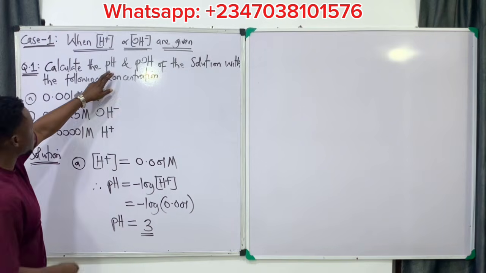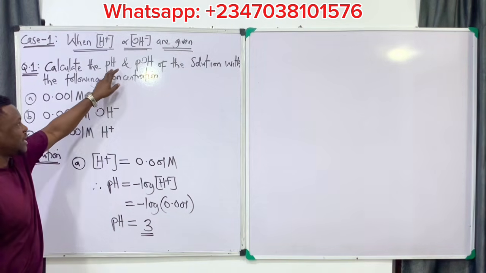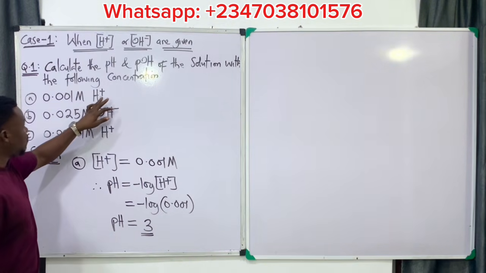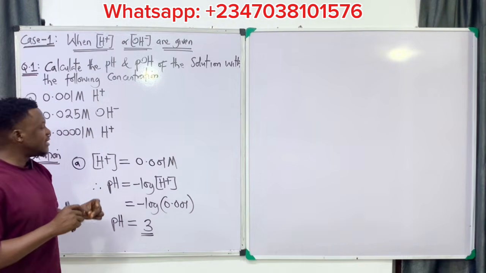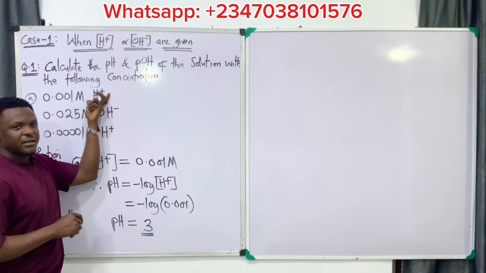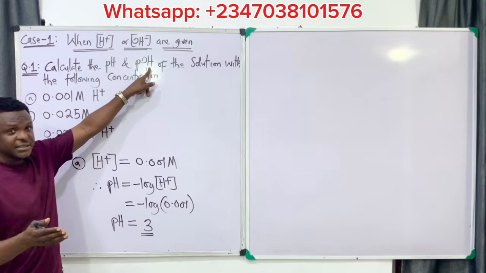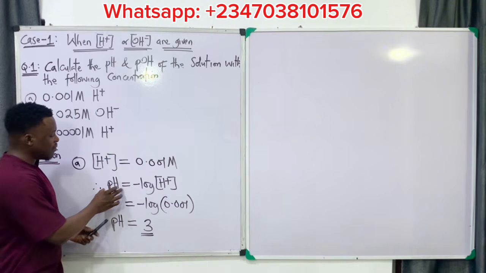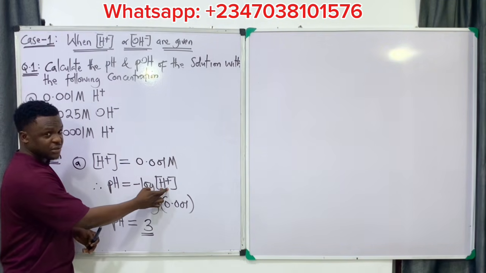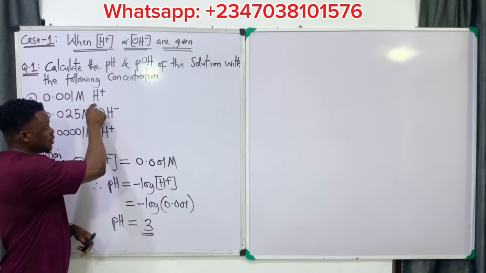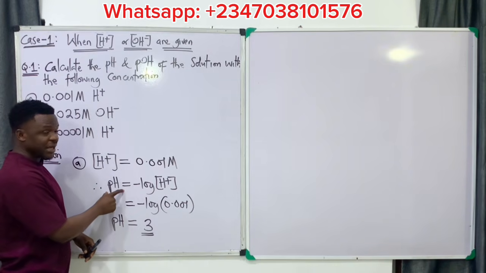Remember, they did not ask us to solve for only pH. They said pH and pOH, right? But since for the first one, they gave me H plus, depending on the values given to me here, that will determine whether I will solve for pH first or pOH first. Now, the formula for pH is negative log of H plus, and since they gave me H plus first in this question, I need to first of all solve my pH.